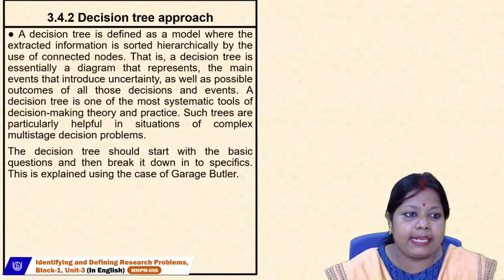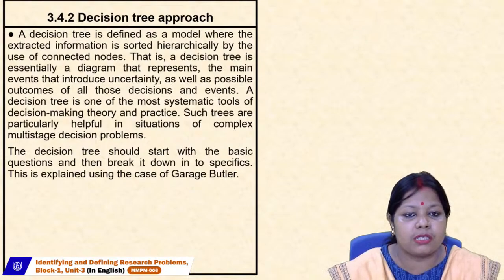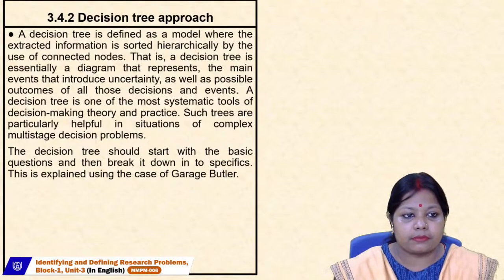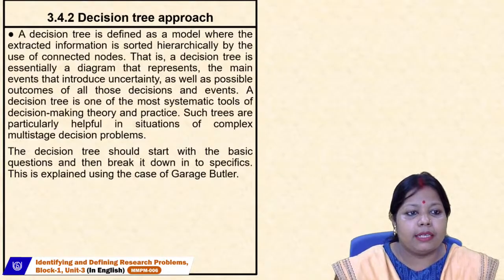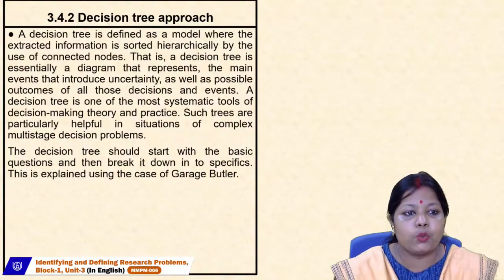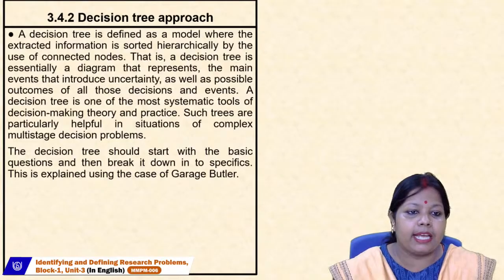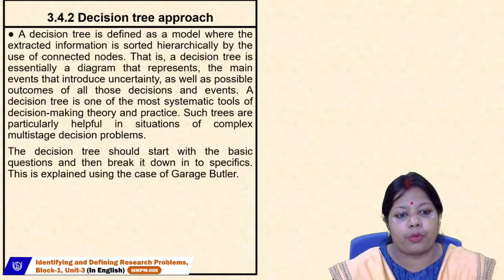That is, a decision tree is essentially a diagram that represents the main events that introduce uncertainty as well as possible outcomes of all those decisions and events. So the decision tree is one of the most systematic tools of decision making theory and practice. Such trees are particularly helpful in situations of complex multi-stage decision problems.